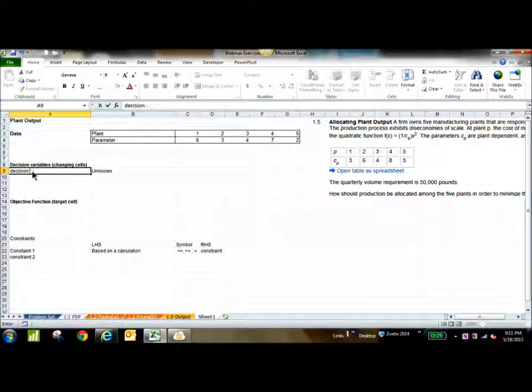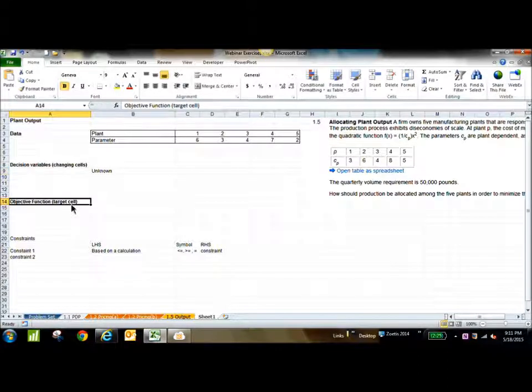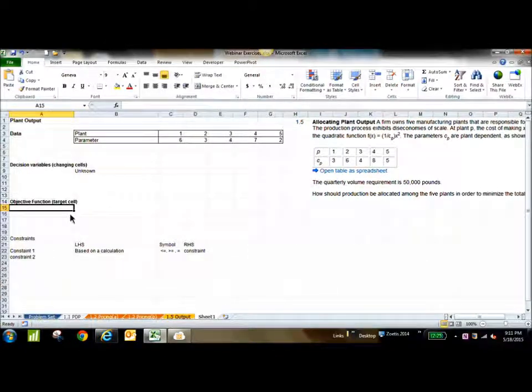Can you have multiple objective functions? Well, in our case, no. In this course, we're not going to have more than one objective function. So this one is only 1. This would be multiple.